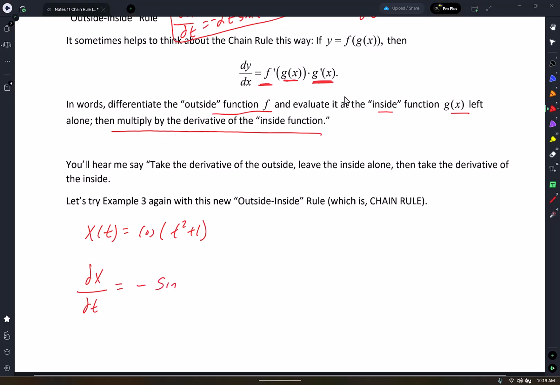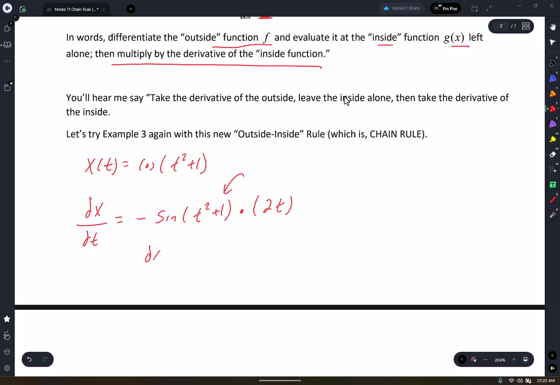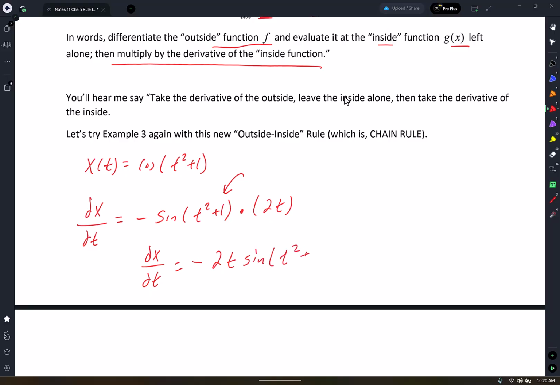Negative sine, leave the inside alone. You have to in this case because it's a trig function. Am I done? Times derivative of the inside. What's the derivative of t squared plus 1? 2t. So rewriting it, dx/dt equals negative 2t sine of t squared plus 1.